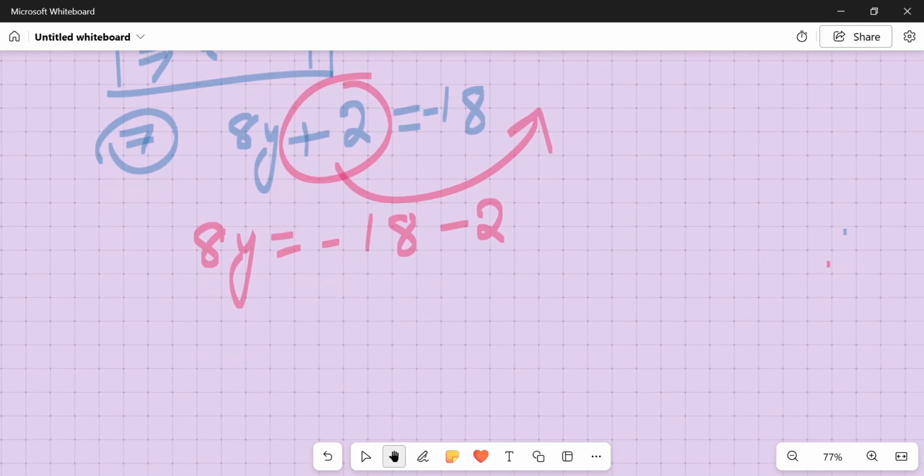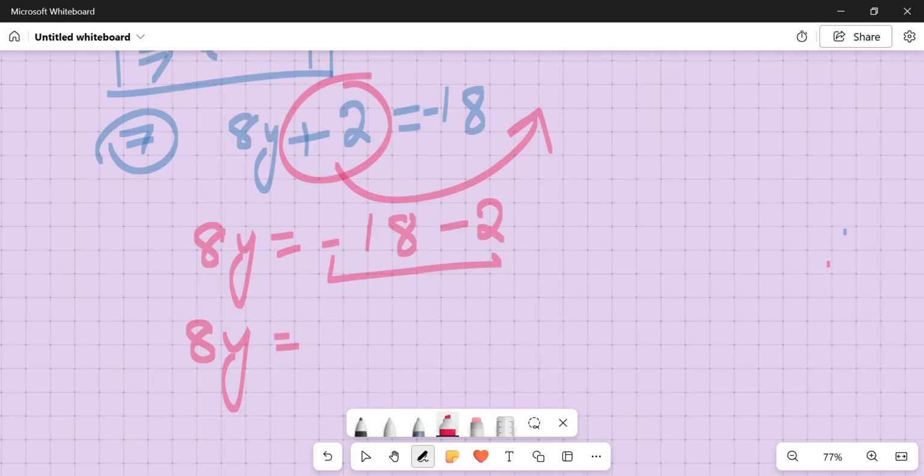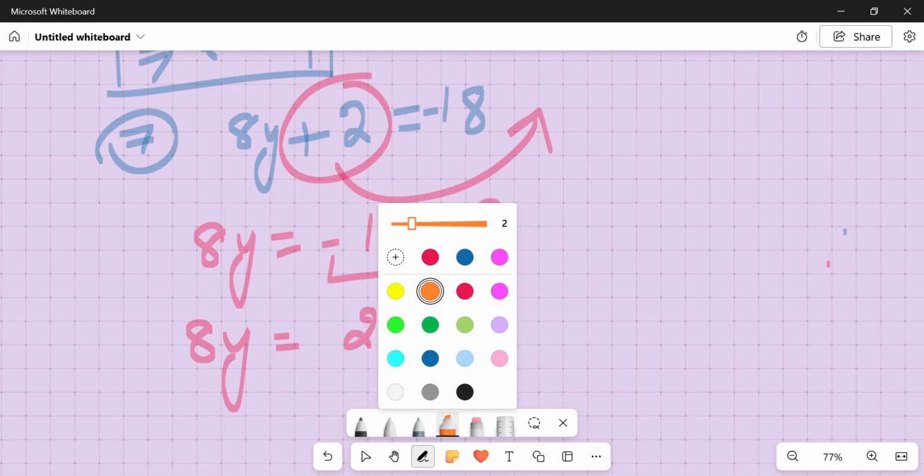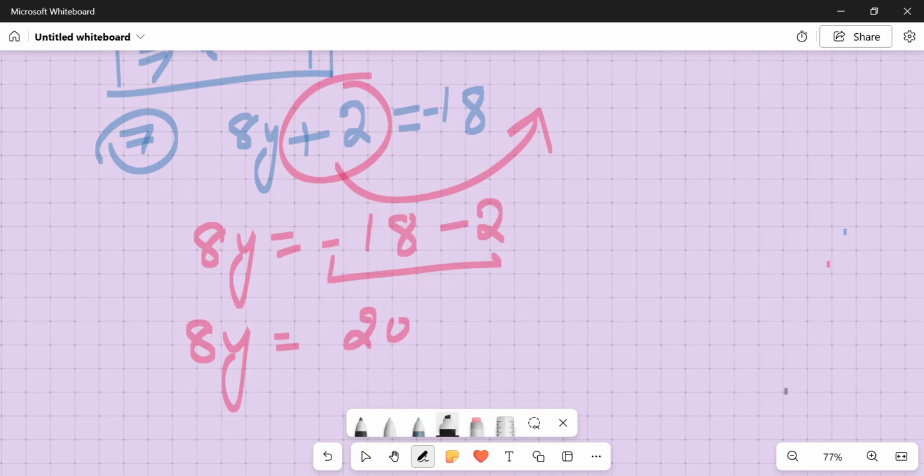Then 8y equals minus 18 minus 2. Both have a negative sign, so we add: 18 plus 2 gives you 20, and the sign will be negative, so minus 20.